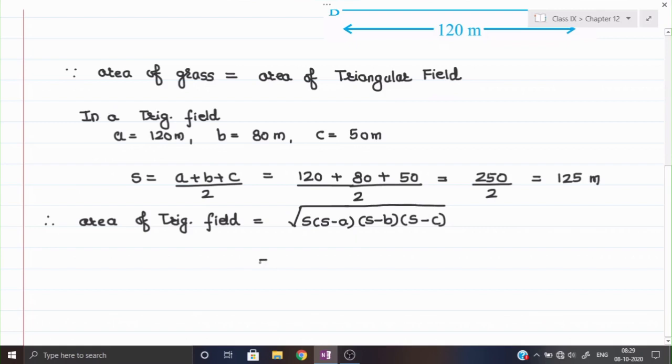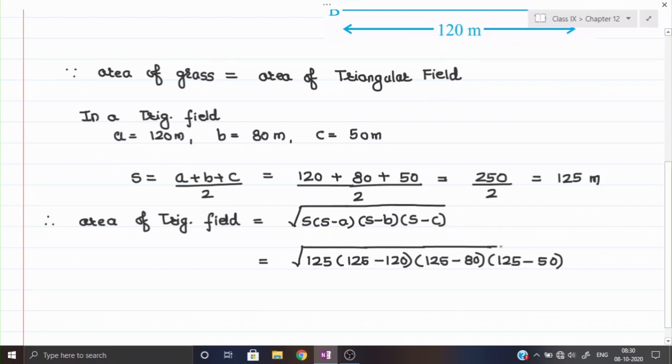So it will be equal to under root of, first of all the value of S, which is 125, then into the bracket 125 minus 120, then again 125 minus 80, and then again 125 minus 50.